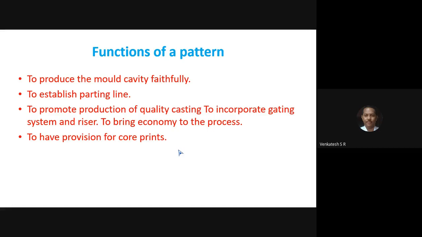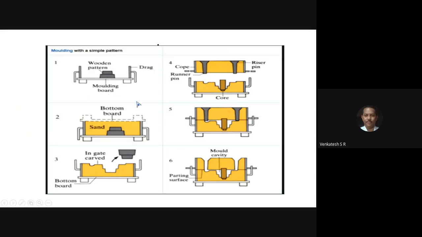Next, establish parting line. This is very, very important. What is the meaning of a parting line? That is nothing but divide the pattern into two portions. In cope 50%, in drag 50%. You can observe here. This is the parting line. Upper portion is always called cope.